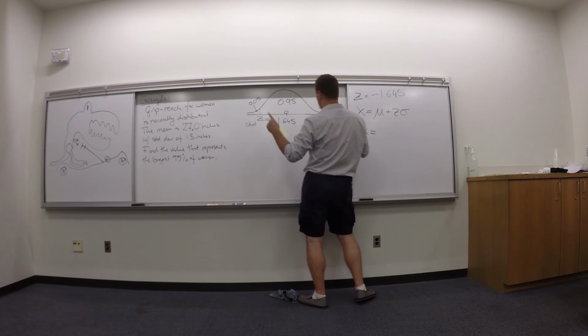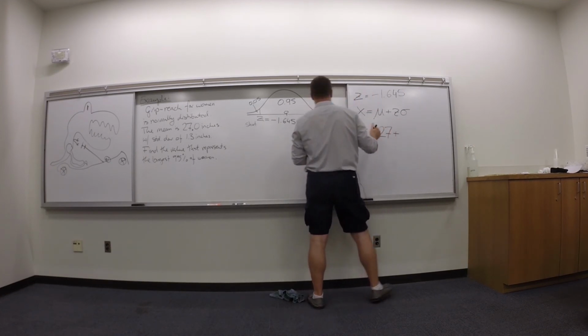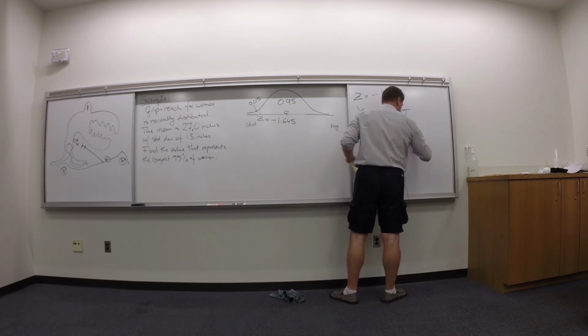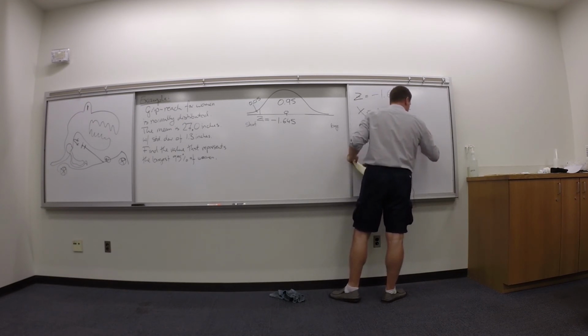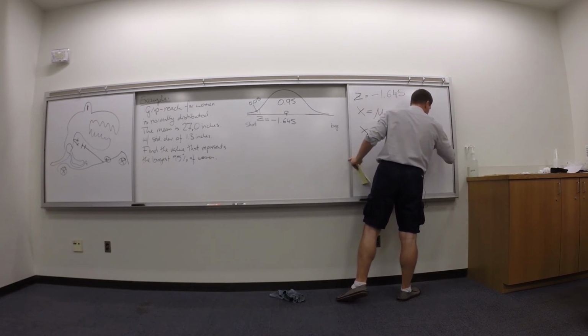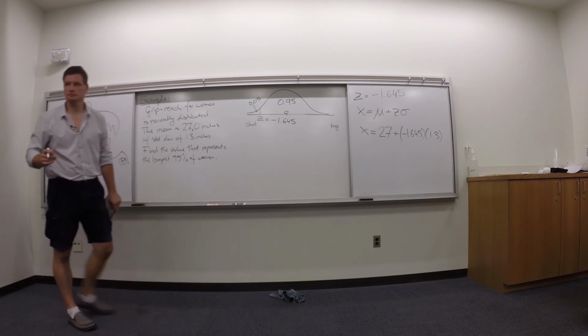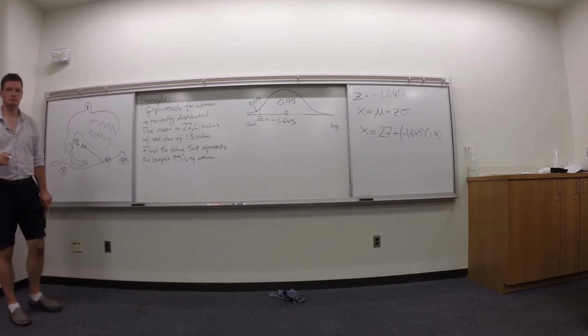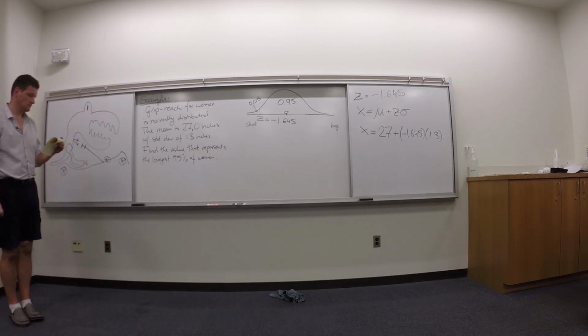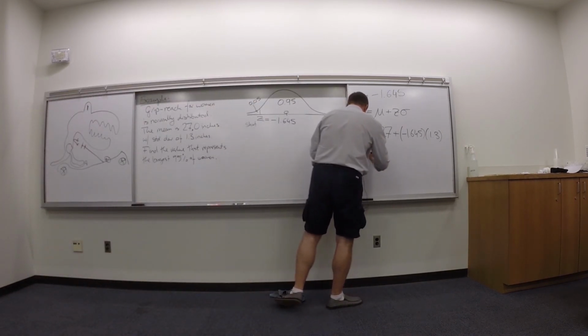Well, mean is 27 plus z-score negative 1.645 and a standard deviation of 1.3. So we get that x equals 24.86.